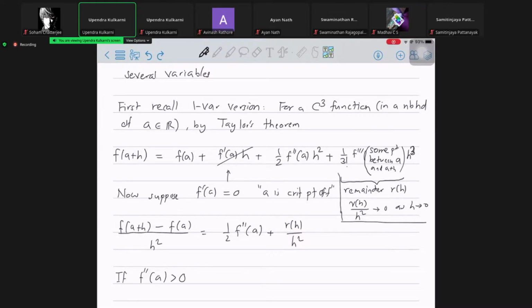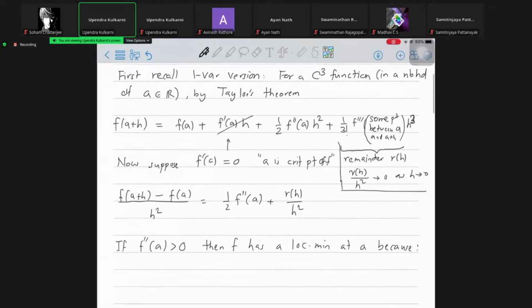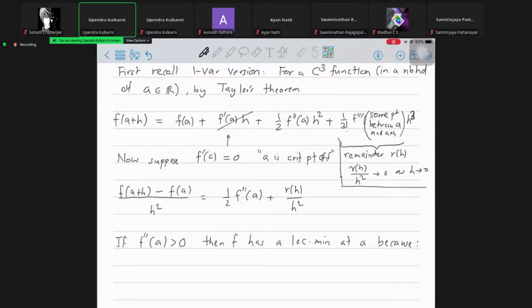All right. So then f has a local minimum at a, because, formally, I can do this.